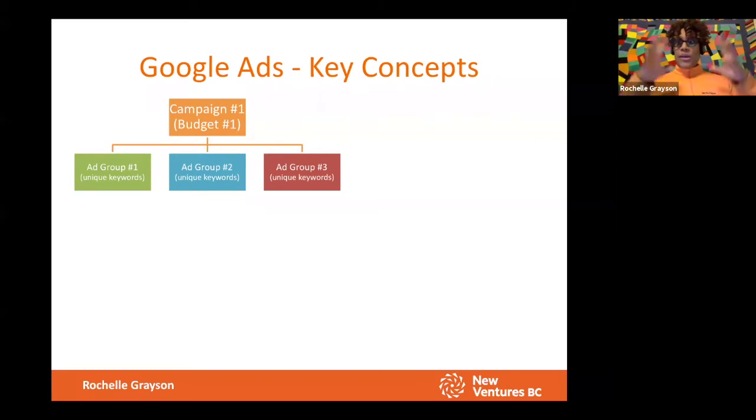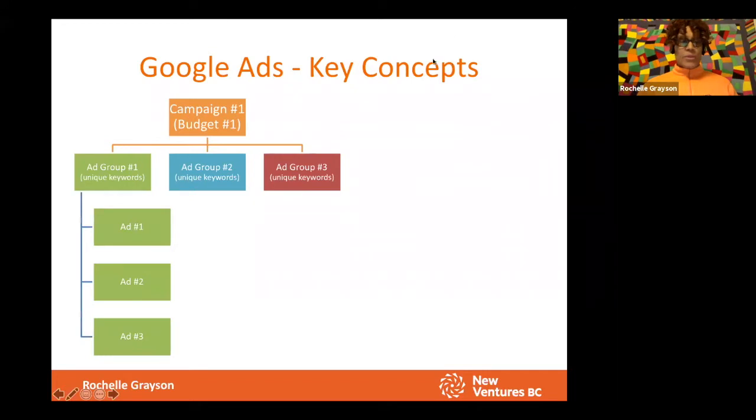So you were doing a camera campaign, and one group of ads was going to be Panasonic, one was going to be Fujifilm, and one was going to be GoPro. So GoPro might be group 3, Fujifilm group 2, and Nikon would be group 1. And then you would have keywords that are unique to those particular brands. So that's something to keep in mind.